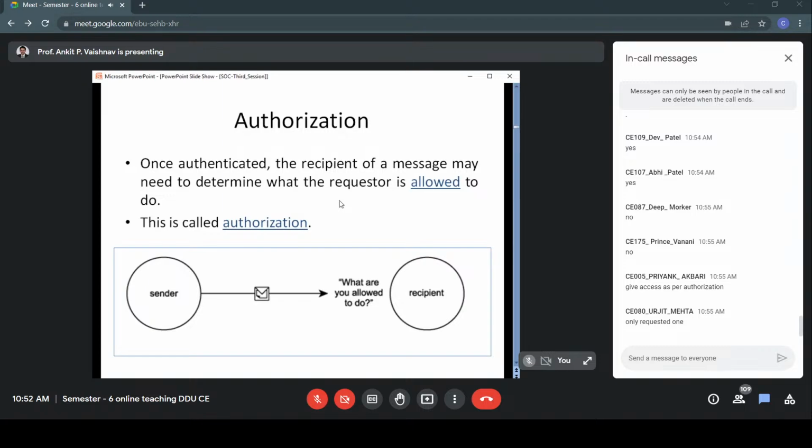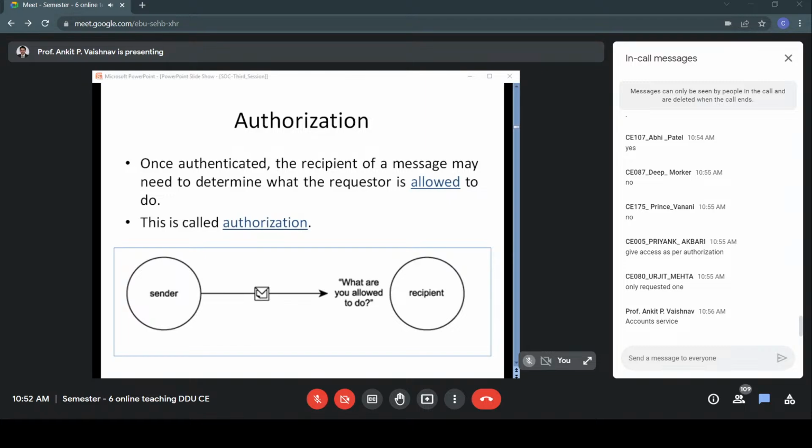Fine. Now the question is, suppose you have authorization for one service. Let me say something like this. Suppose you connected to the account service, and the account service has done both authentication and authorization.